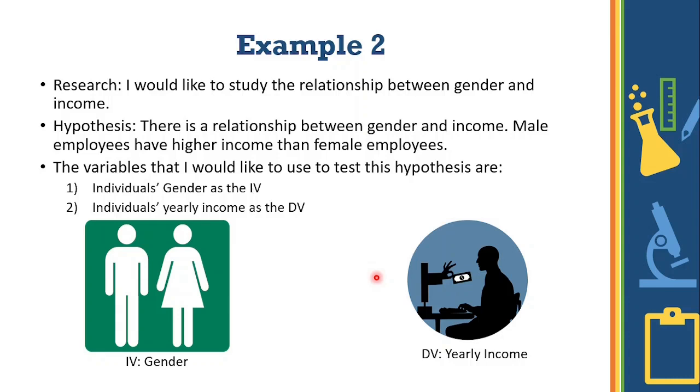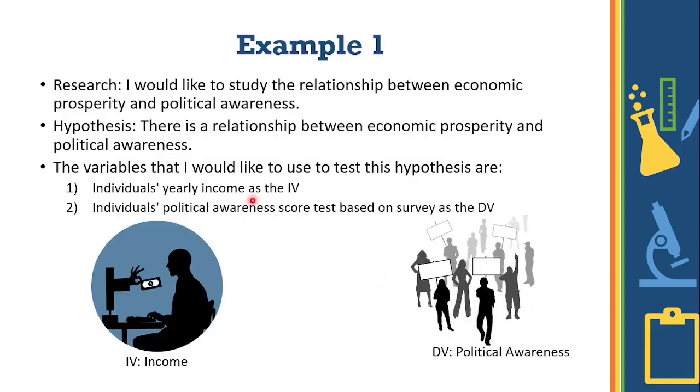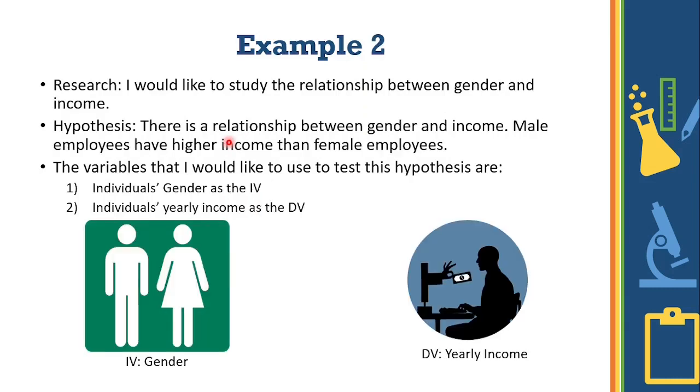So our hypothesis is that there's a relationship between gender and income, and male employees have higher income than female employees. Now, unlike the previous example where I did not specify the direction of the relationship, in example two, I actually specified the direction, and I hypothesized that male employees make more money than female employees, or male employees are paid higher than female employees.